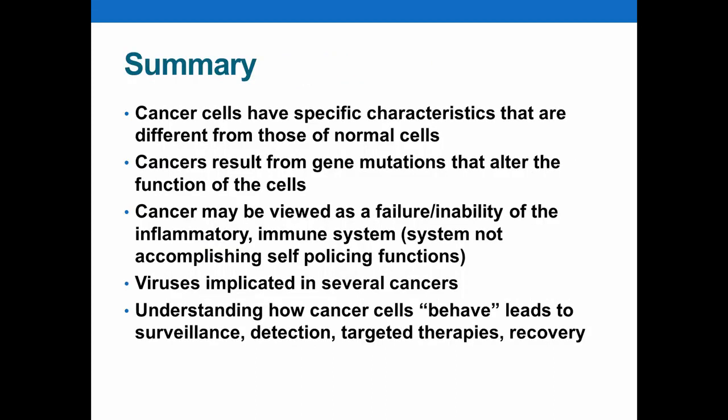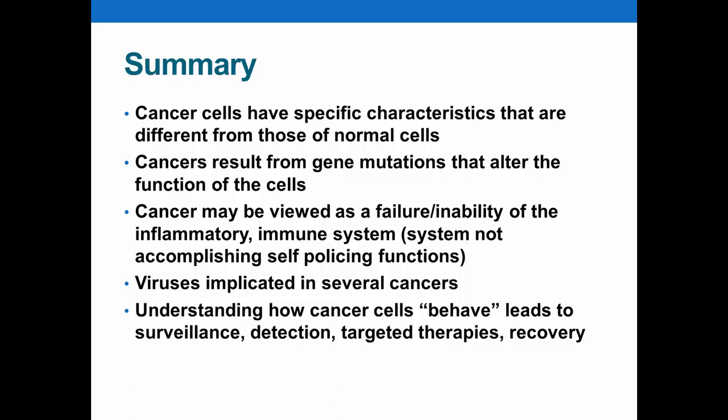I know we've talked about a lot. I do expect that you'll be able to identify or compare and contrast the differences between cancer cells and normal cells. We know that cancers result from gene mutations that alter the function of cells. We also know that cancers have the ability to change their environment, to change the immune system to its benefit.